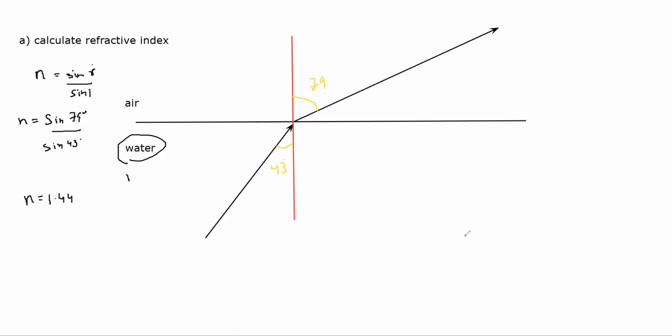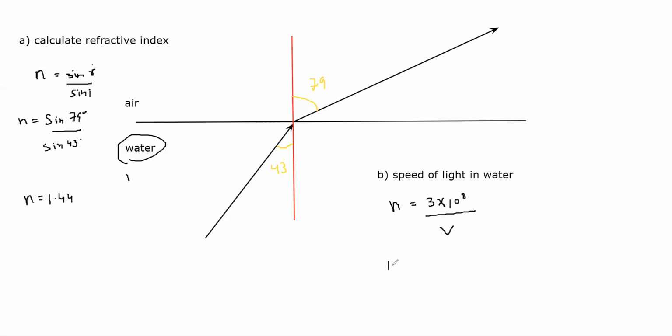Then the second part: if I need the speed of light in water, the formula which relates the speed and the refractive index is, refractive index equals the speed of light in air or vacuum, which is 3 exponent 8, divided by the speed of light in water, which is v.